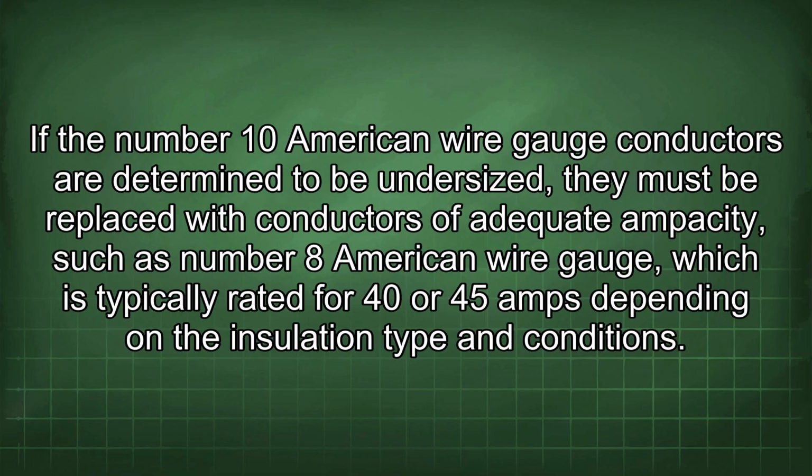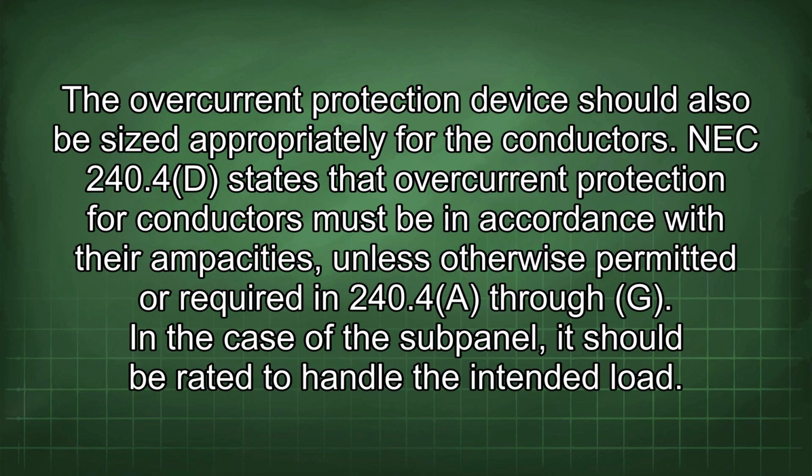If the number 10 American wire gauge conductors are determined to be undersized, they must be replaced with conductors of adequate ampacity, such as number 8 American wire gauge, which is typically rated for 40 or 45 amps depending on the insulation type and conditions. The overcurrent protection device should also be sized appropriately for the conductors.